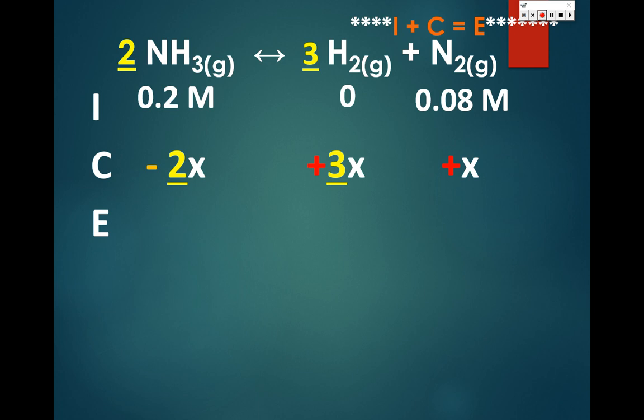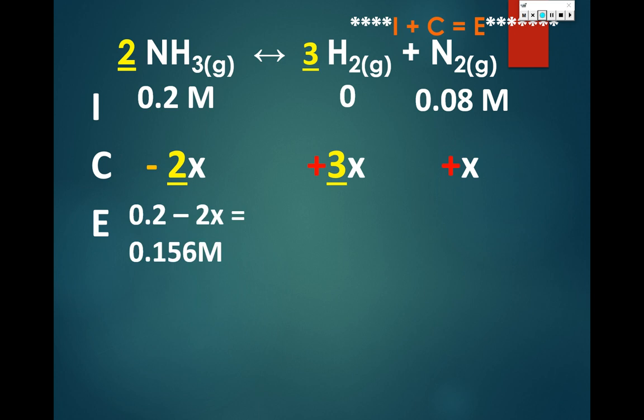So we have the ammonia started at 0.2. It went down by 2x, so minus 2x. And then in this question, we are given ammonia at equilibrium, 0.156. Okay?